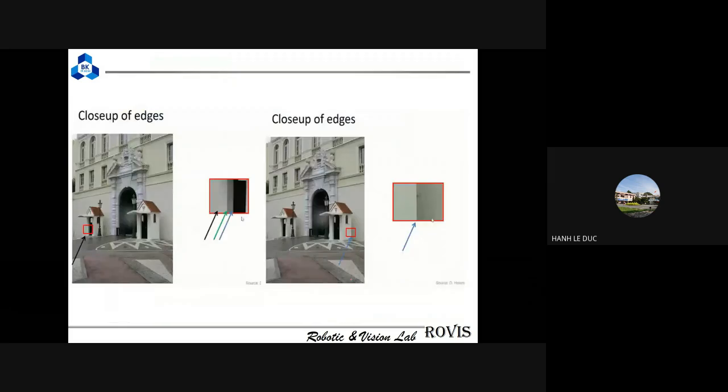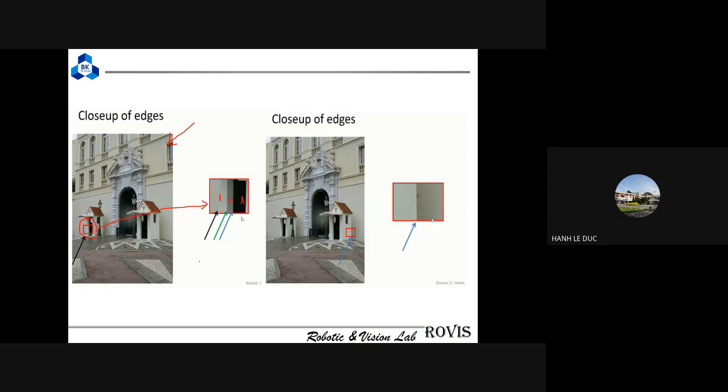Okay, so let's look at the example here. When we zoom here, and we zoom here, in this picture you can see that there is this continuity of the color. This is white, this is darker, and this is darker.